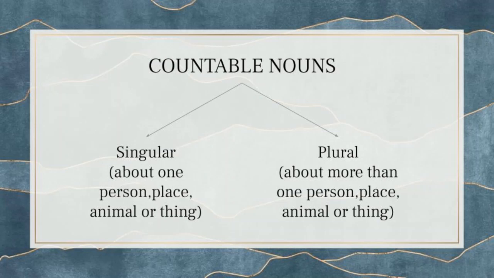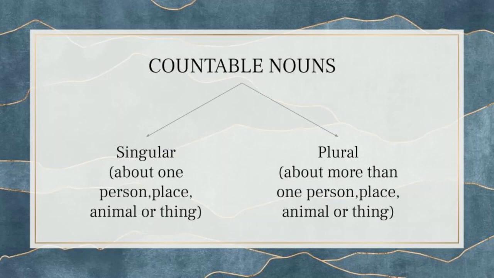Okay students, let's move to the next form, that is plural nouns. What do you mean by plural nouns? Plural nouns tell us about more than one person, one animal, one place, or one thing.